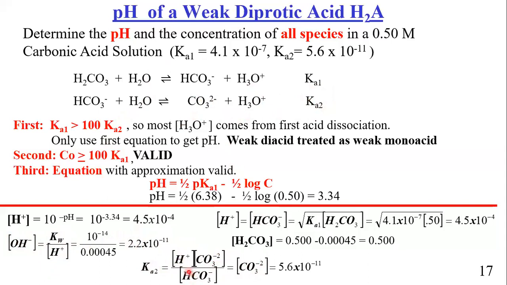They are? Yes, because the second loss or gain of H3O plus coming from the second equation is negligible. So the H3O plus is mainly from the first equation, and the HCO3 minus is mainly from the first equation as well.